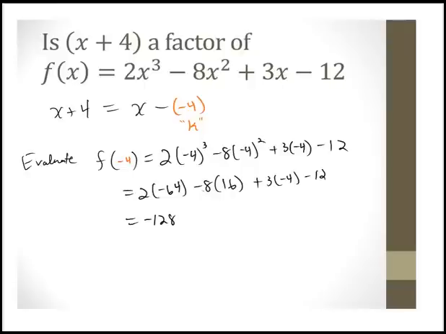Negative 8 times 16 is negative 128. Then we have negative 128 minus 12 minus 12, which is negative 256 and 48. That's a large negative number.